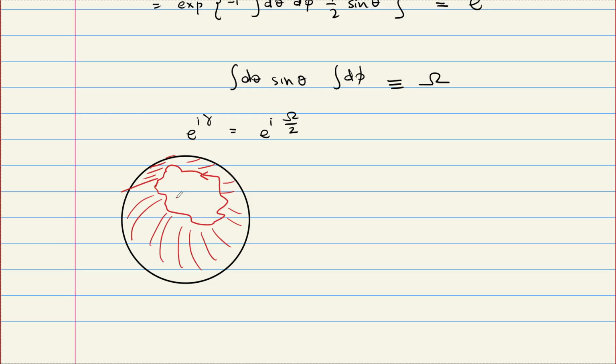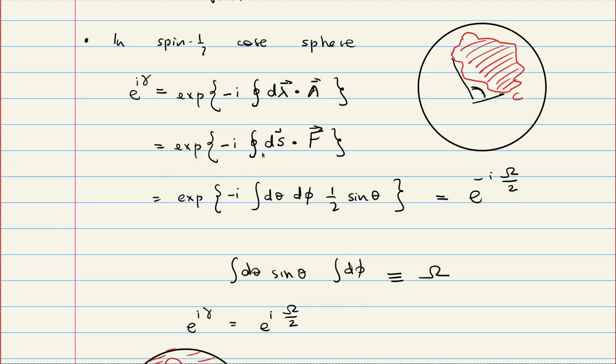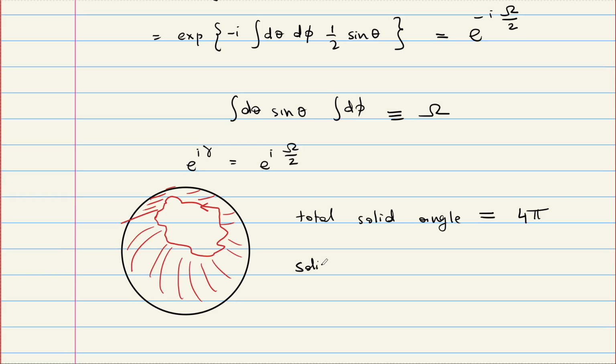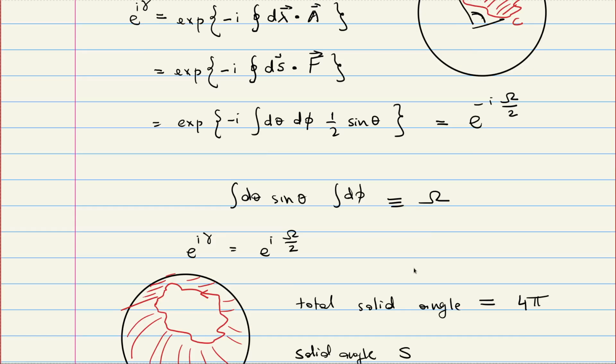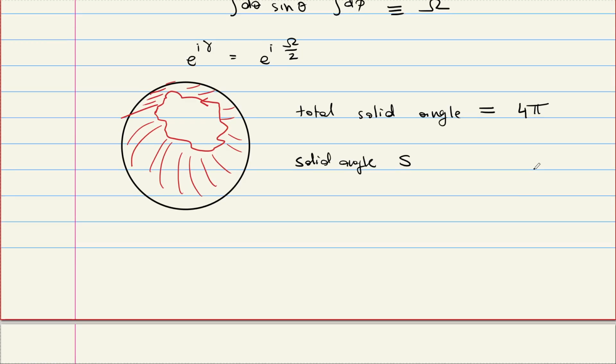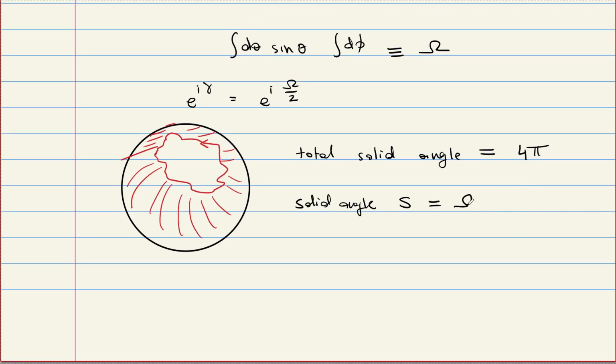So let's think about this case. First, what we need to think about is the total solid angle. What is the total solid angle on a sphere? 4 pi. And let me call this C. So the solid angle for, let me call this S, so this is the surface S choice, we found it to be omega.